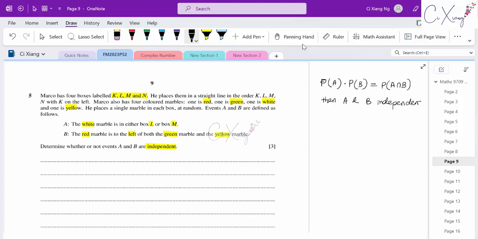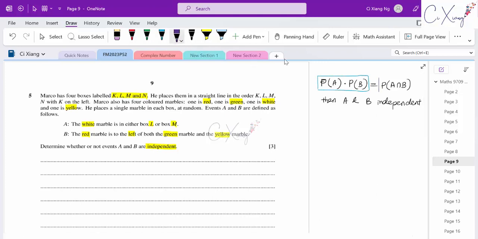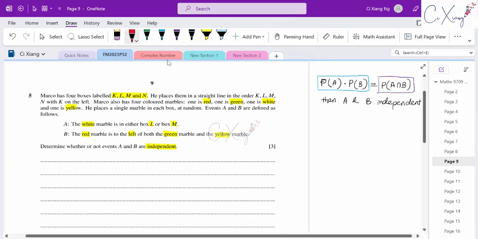To show whether they are independent, we need to calculate the probabilities separately: the probability of A multiplied by B on the left, and also the probability of A intersect B. After that, we compare the values. If equal, they are independent; if not equal, they are not independent. Okay, let's come back to the question.